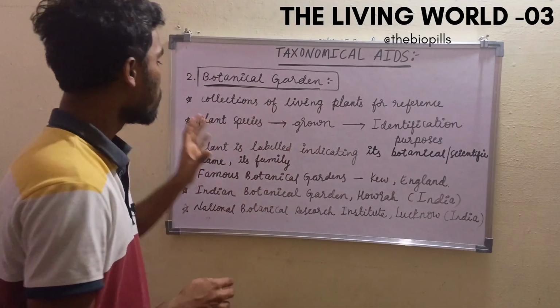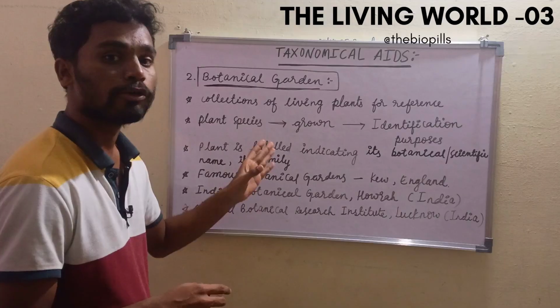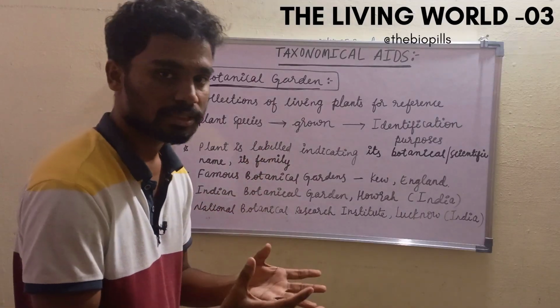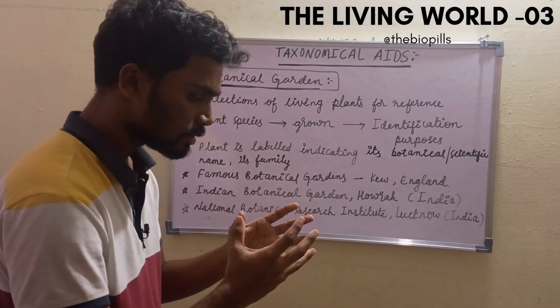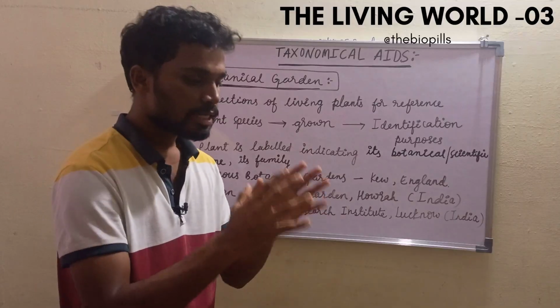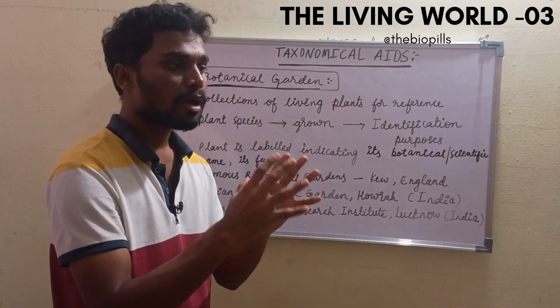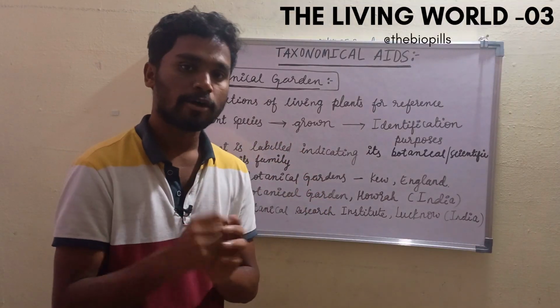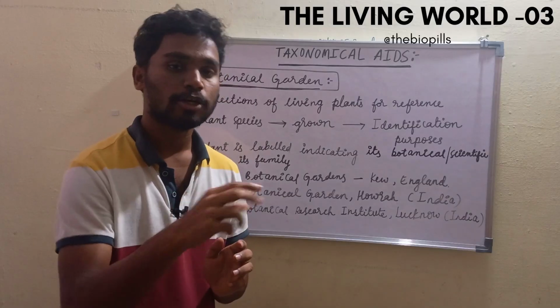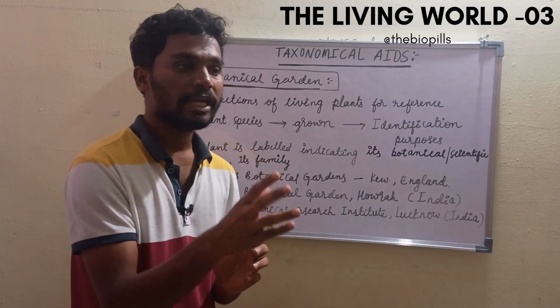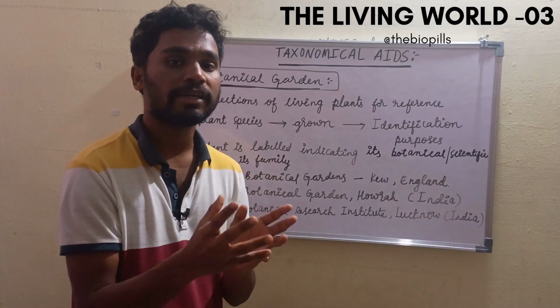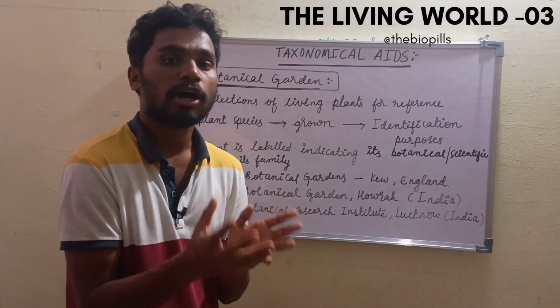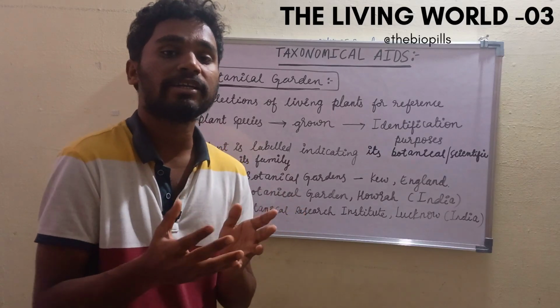In the sense, plant species are grown for identification purposes. So the whole point is studying the particular plant species for identification, so that we can make the taxonomic hierarchy: where this species belongs and what kind of taxonomic hierarchy it follows.